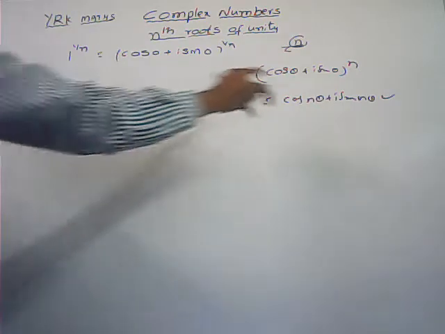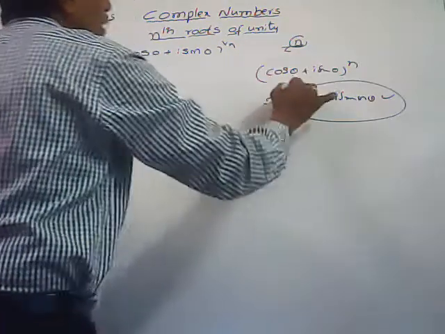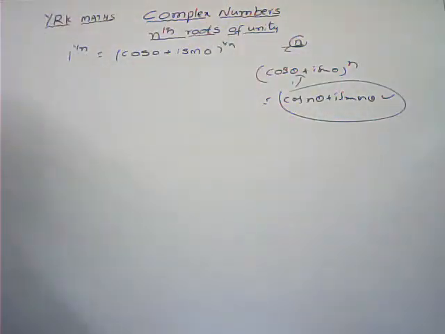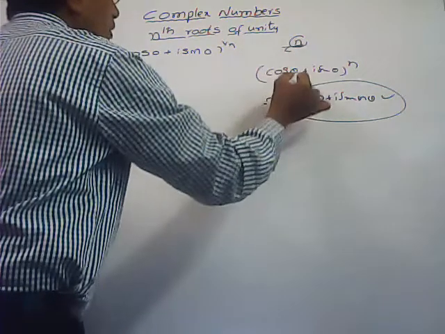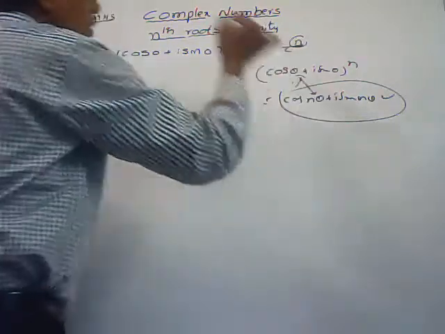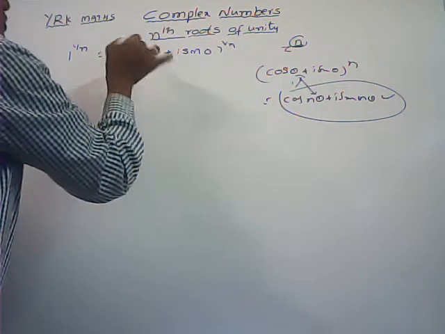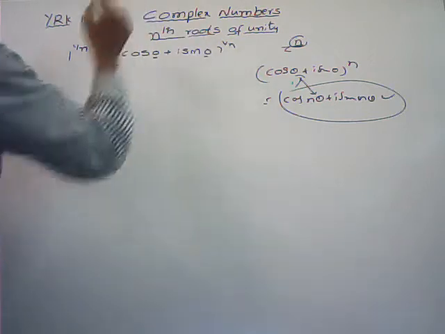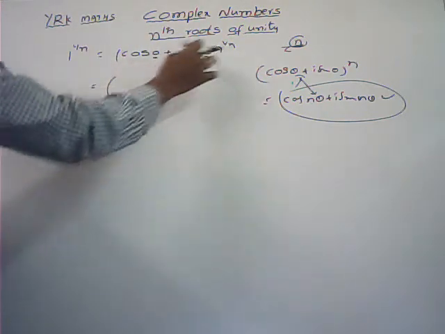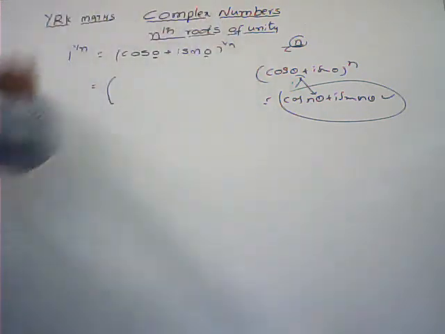And if n is rational, this is one of its values: cos n theta plus i sin n theta. If it is rational, here don't write the principal value of the argument of a complex number. We write the general form, the general value of the argument. Here 0 is the principal value of the argument, and here 1 by n, a rational, is there.